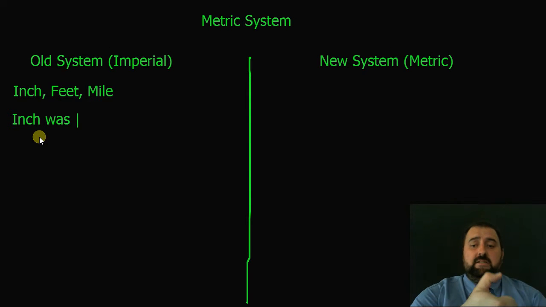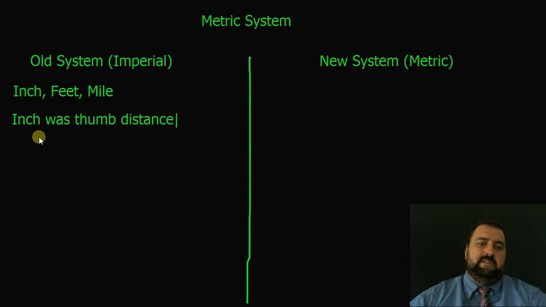Now, as you can imagine, different kings or queens might have had different measurements for that. So the distance of 1 inch would change when the king died, or if the king was quite young, as they grew up, the distance changed. Okay, so feet was the length of the king's foot.